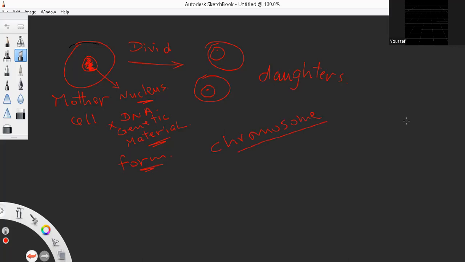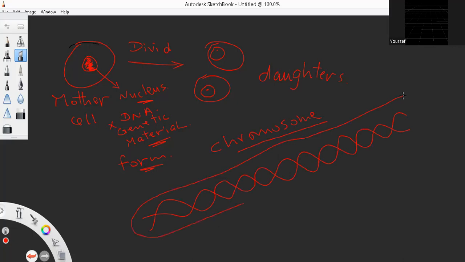Chromosome. Yes, it is a double strand, a double helix of DNA, condensed in the chromosome. This strand carries the genes, human genes.